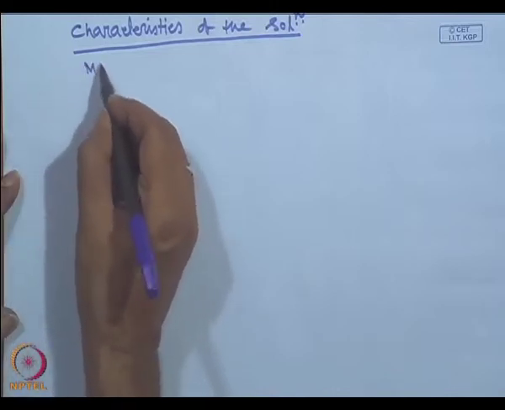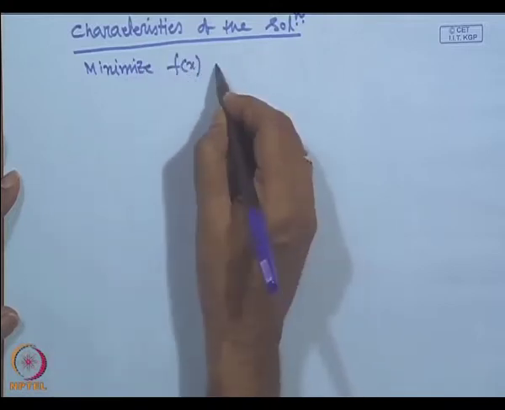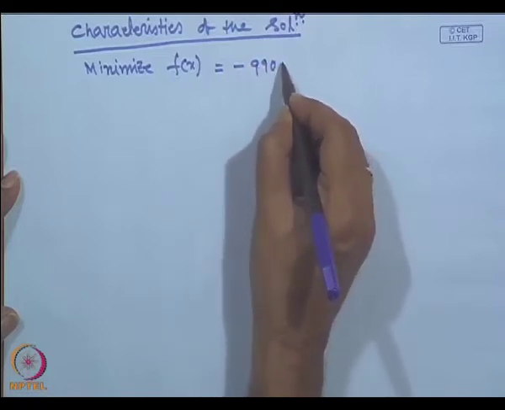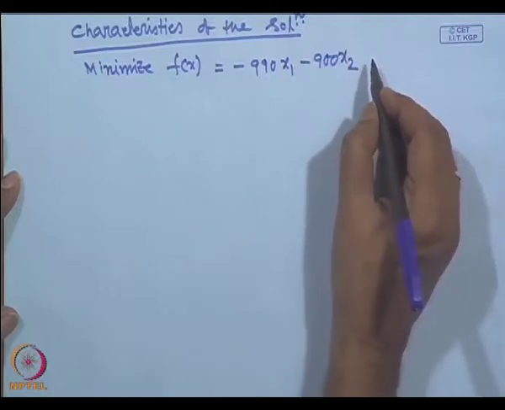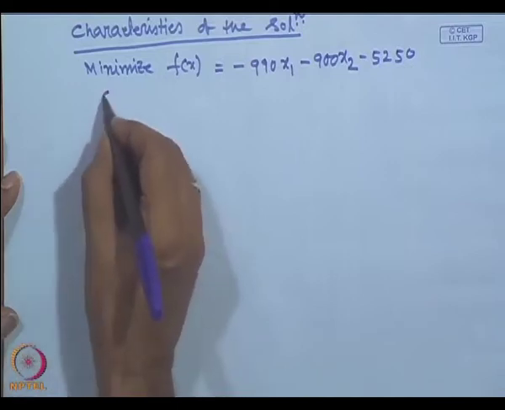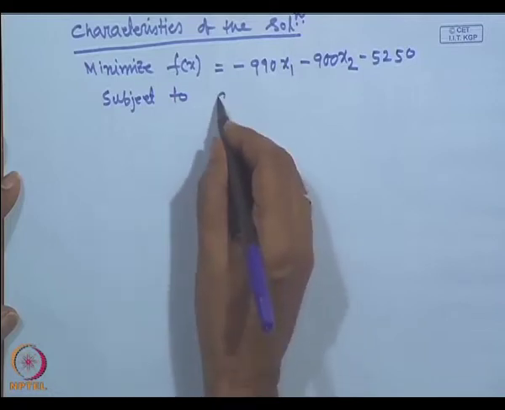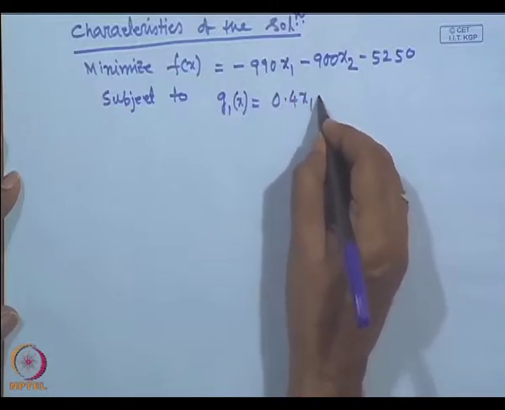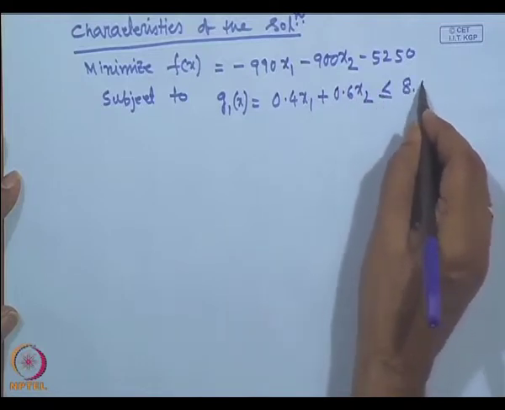So, minimize f of x, let us say our objective function is given as 990 x 1 plus 900 x 2 plus 5250, subject to g 1 of x equal to 0.4 x 1 plus 0.6 x 2 less than or equal to 8.5.